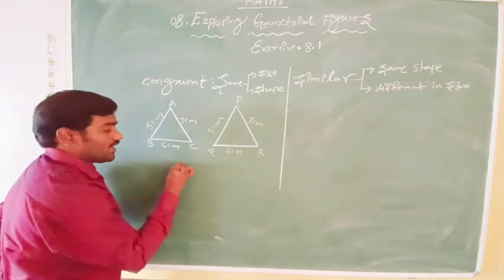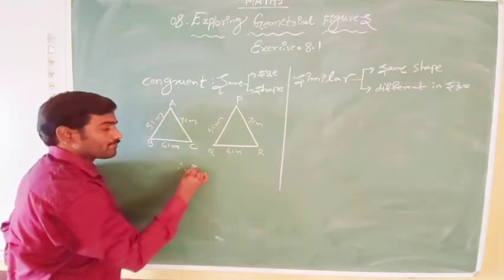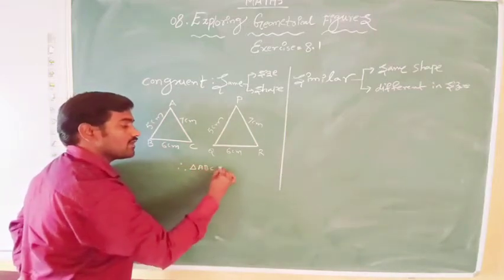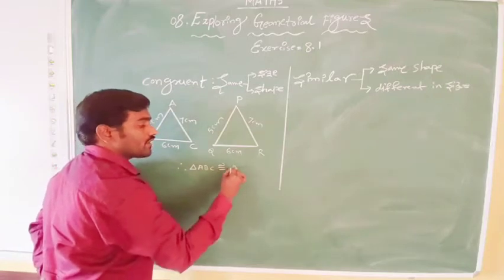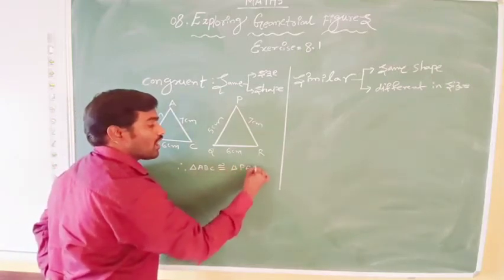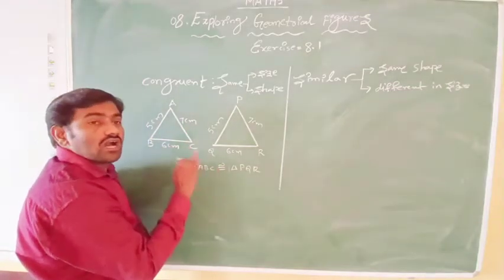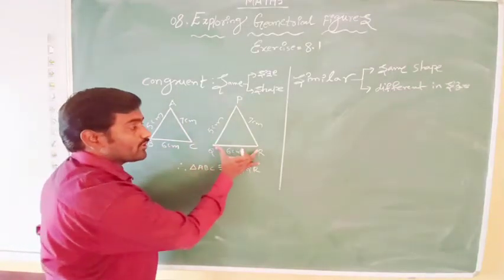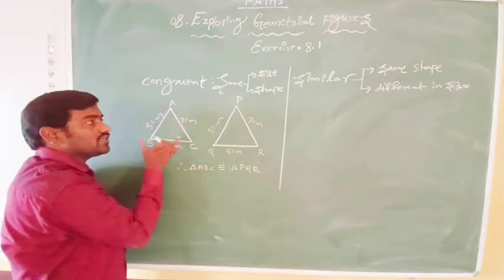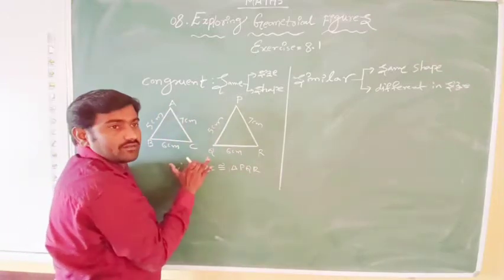Now here triangle ABC is congruent to triangle PQR. This is the congruent symbol. Both the triangles are congruent because if you take triangle PQR and keep it on ABC, it occupies the same area.